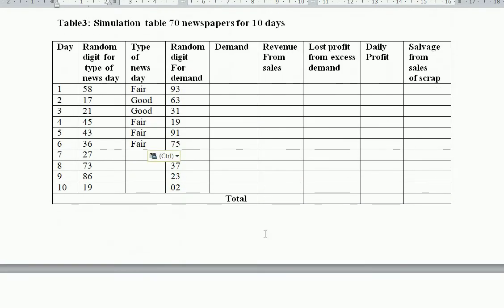And the next value here is 27. 27 lies in good, so we have to write this over here.